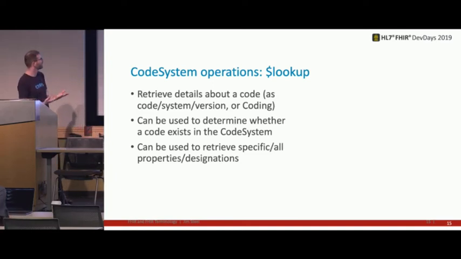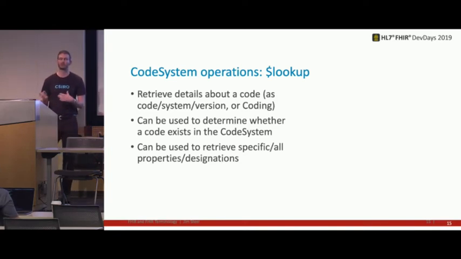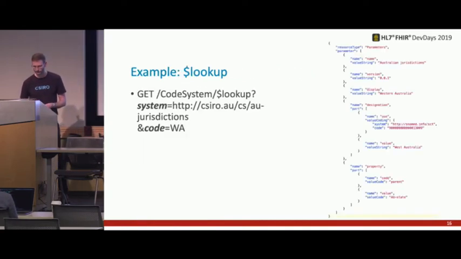And this will tell us whether the code exists in the code system, because if we try a lookup on a code that doesn't exist, then we'll get a 404. And it allows us to retrieve either specific properties or designations that we're interested in, or all of them for that code.